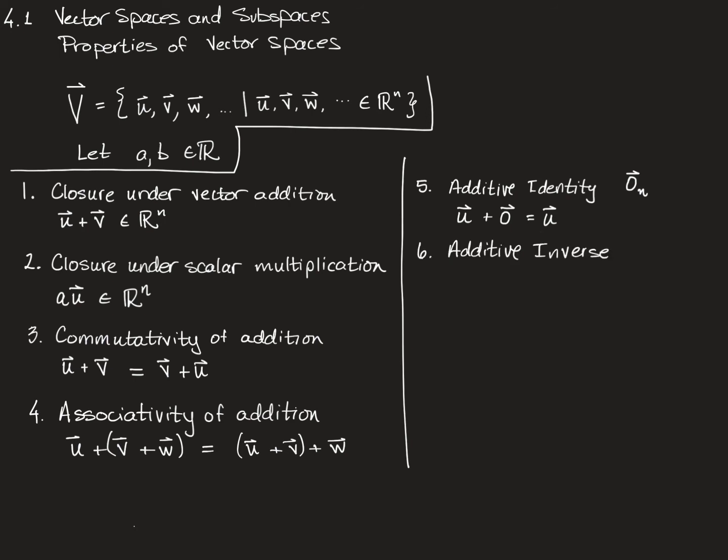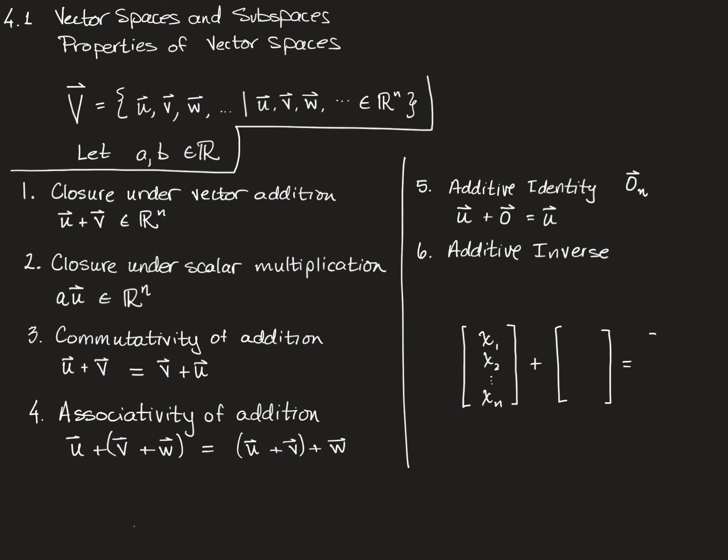When I showed you the additive inverse, I think that was 2 or 3 screens ago, it might have even been in a previous video, I said that if you had a vector, I'm going to write this and then erase it because it's going to take up too much space. Let's say you have a vector x1, x2, up to xn, and you added that to another vector.